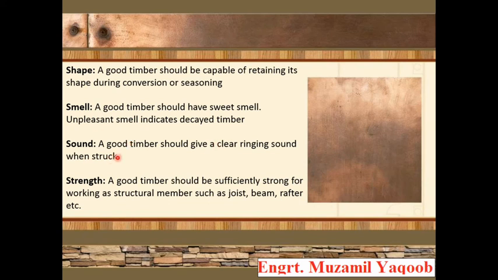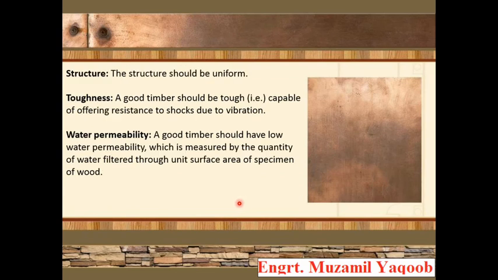Then comes sound. A good timber should give a clear ringing sound when struck with each other. And then comes strength. A good timber should be strong enough to work as a structural member such as joints, beams, etc., because as we know, beams and joints normally experience heavy loads and forces. The last three are structure, which should be uniform, and toughness.